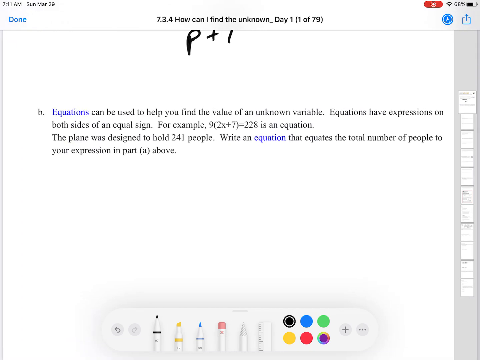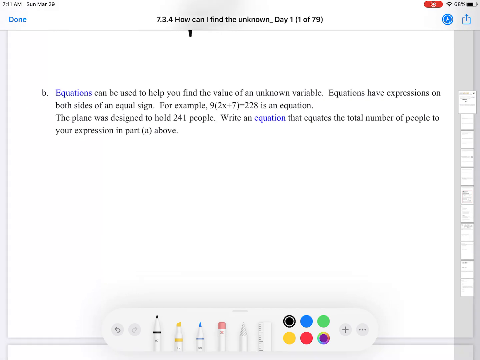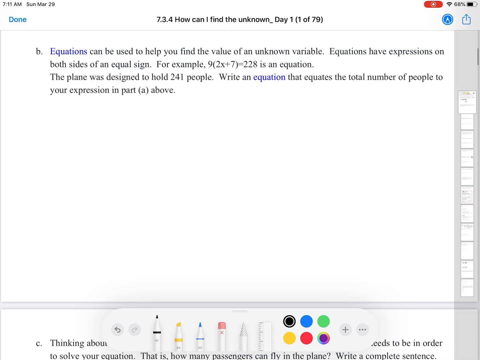An equation can be used to help you find the value of an unknown variable. Equations have expressions on both sides of an equal sign. For example, 9 parentheses 2x plus 7 parentheses equals 228. That's an equation. Why? Because you see this expression, but then you also see that expression on both sides. The plane was designed to hold 241 people.